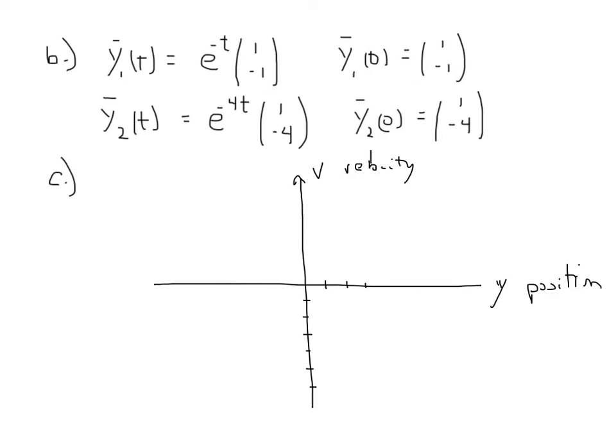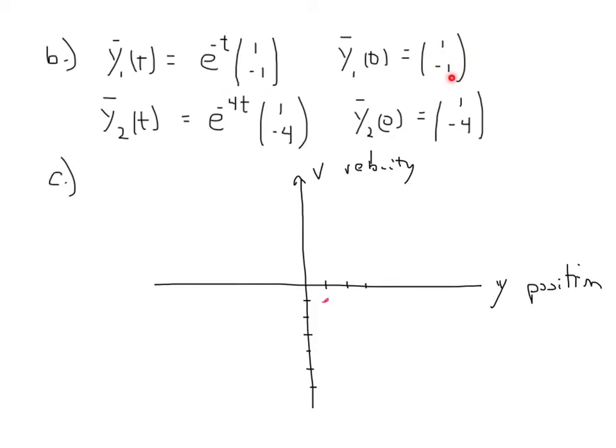The y1 solution starts, and this is going to be a little tricky, I'll do it in red, right here at time 0 at the point (1, -1): over 1, down 1. This means it has an initial displacement of 1. This minus 1 means it has an initial velocity moving in the negative direction, and its speed is 1.